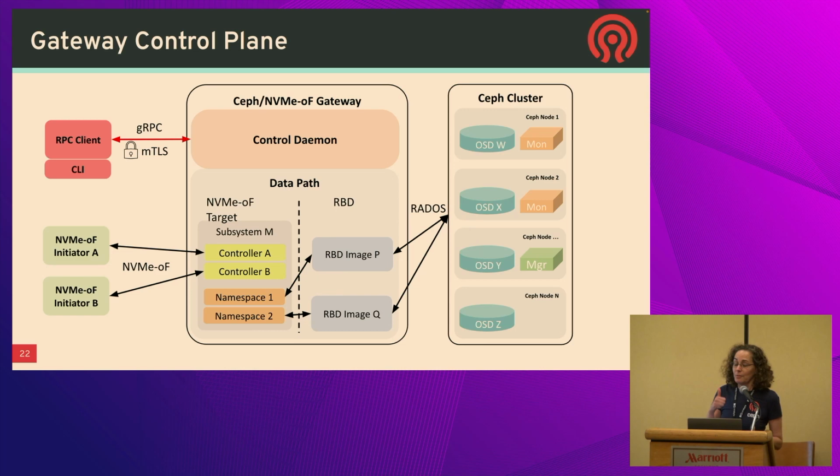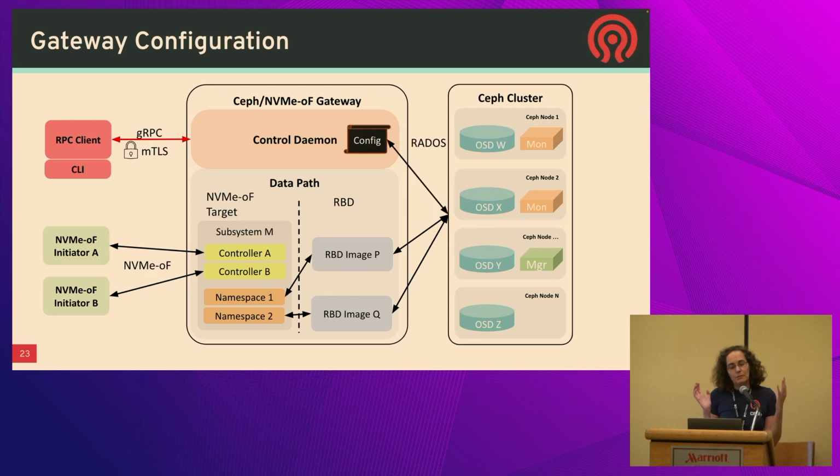So I really like gRPC, and in the Kubernetes world, this is the default way to create APIs. I really recommend it. We also provide a CLI, and the CLI is implemented on top of the gRPC and connects with mTLS to the gateway.